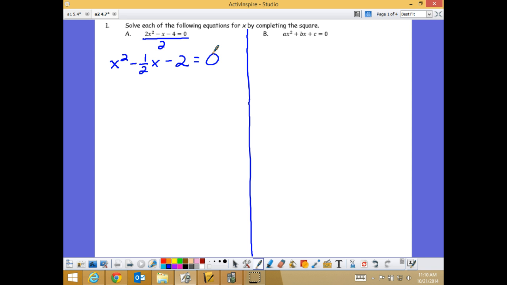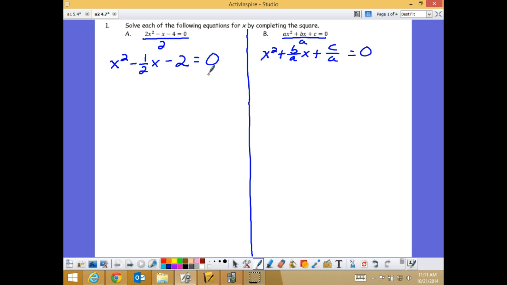So we are going to do the same thing over here, except A is just A. So if we divide everything by A, we have x squared plus b over a x plus c over a equals 0. Now, the next step in completing the square is to get the constant to the other side.